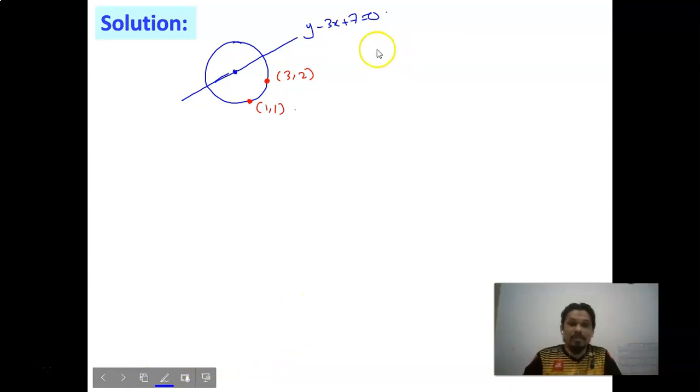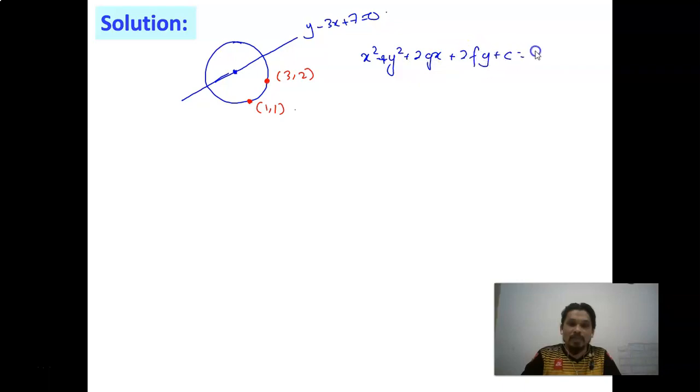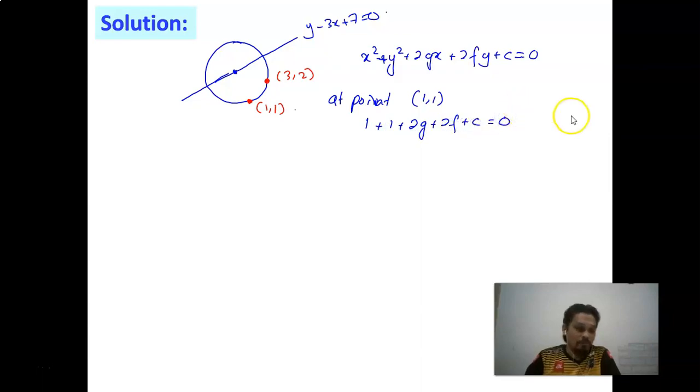Okay, so the general equation of circle again, x squared plus y squared plus 2gx plus 2fy plus c equal to 0. So then at the point of 1 and 1, substitute 1 and 1 here, we get 1 plus 1 plus 2g plus 2f plus c equal to 0.